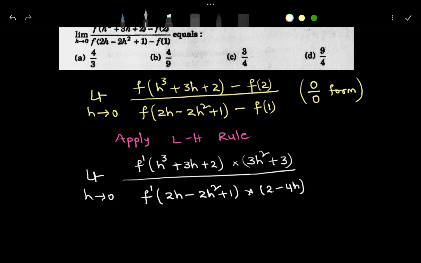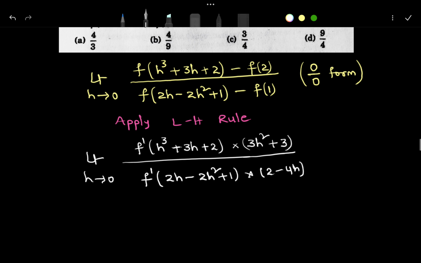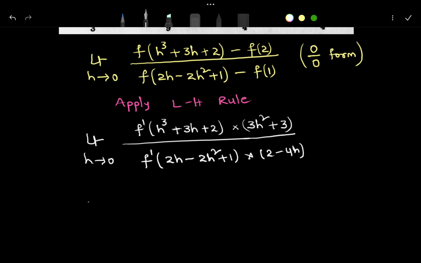Now substitute h equals 0. You will get f dash of 2 into 3, whole divided by f dash of 1 into 2.